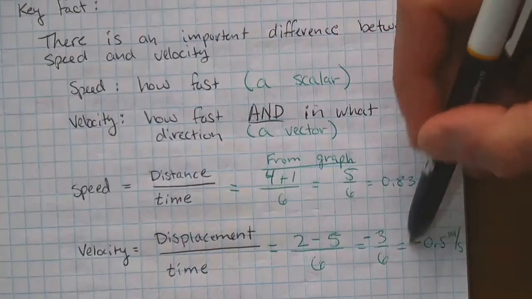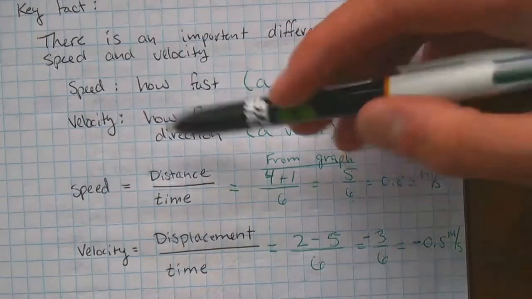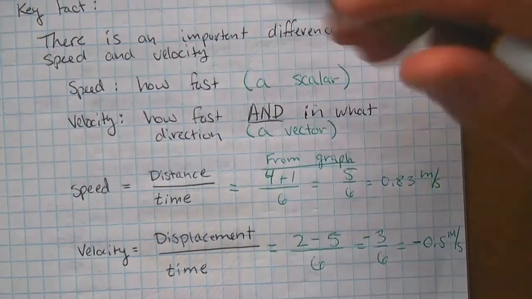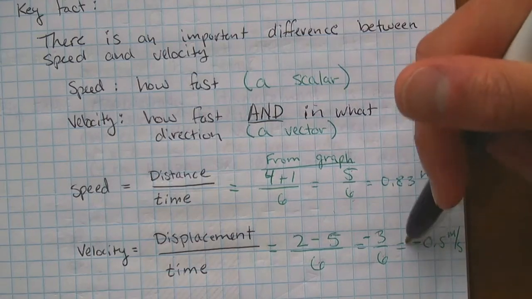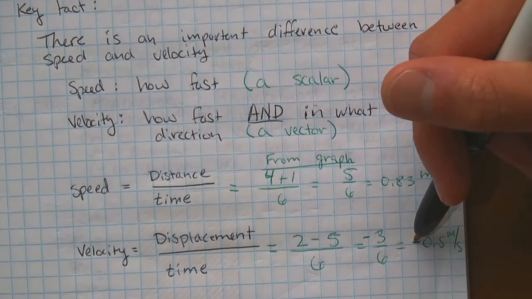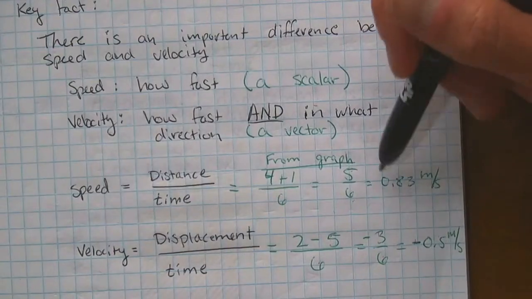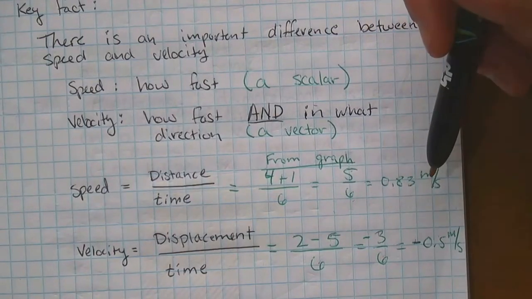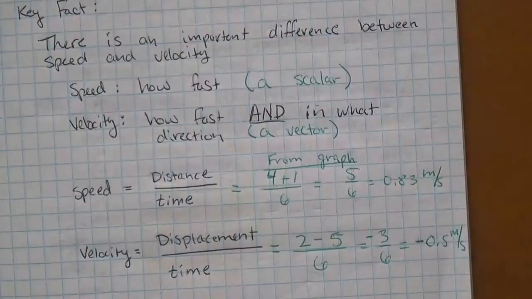So its velocity would be -0.5 meters per second. So here's an example of where speed and velocity are different. Note the negative sign, which tells you that the average velocity was in the negative direction, versus speed, which does not have a direction, so there's no negative sign there, even though ultimately you travel in the negative direction.